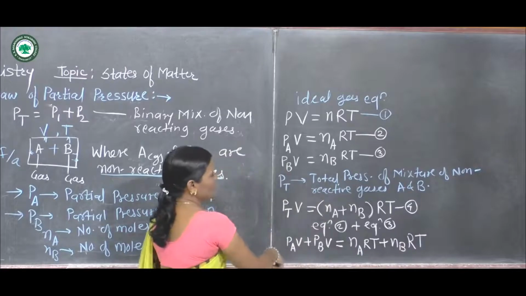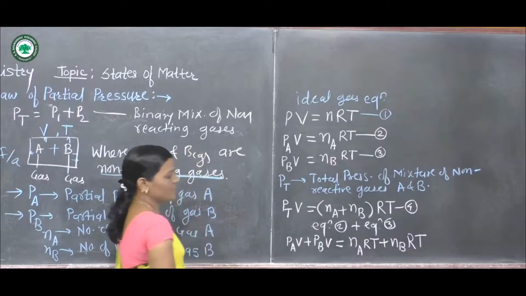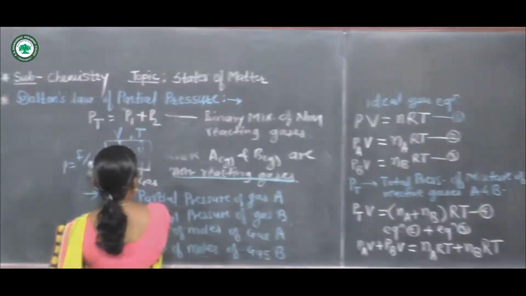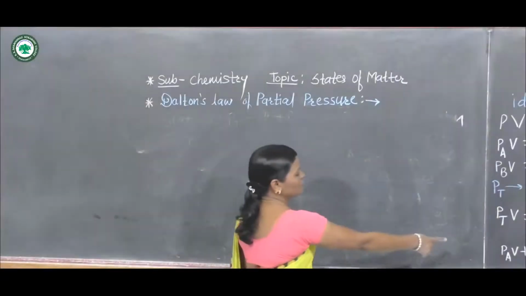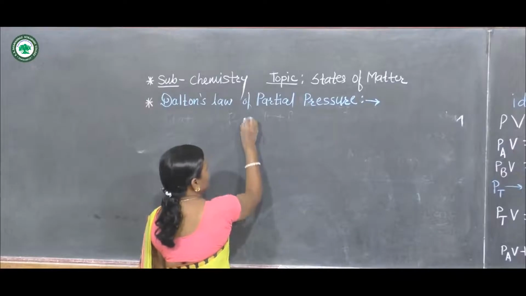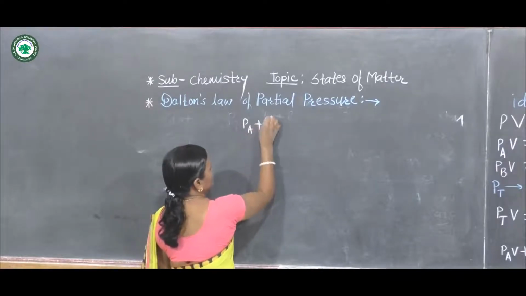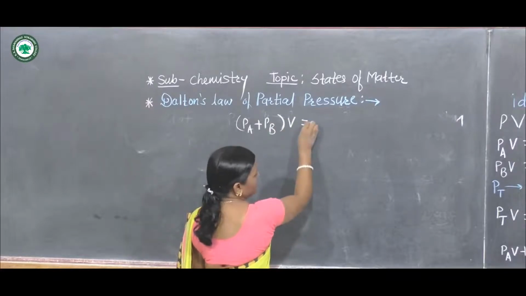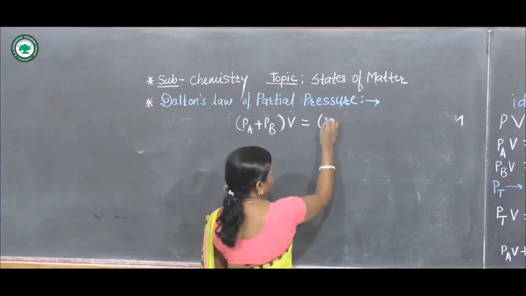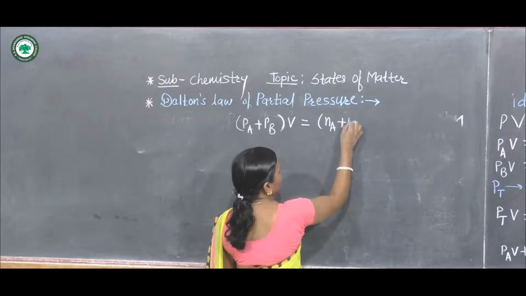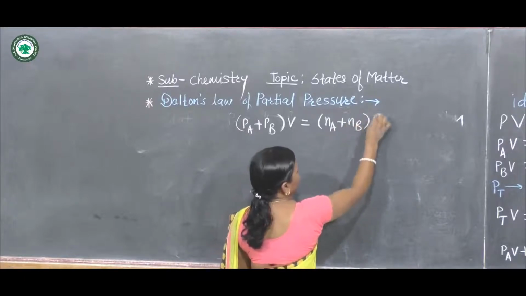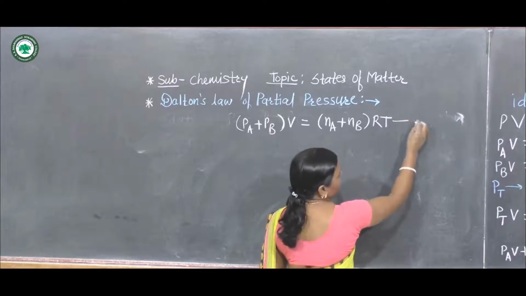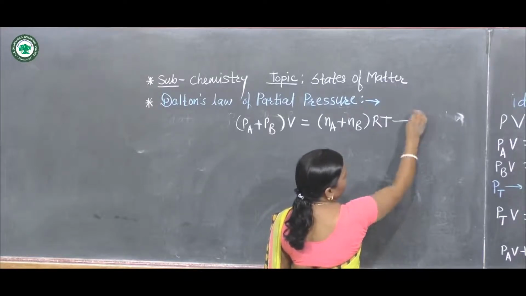Now we take the common factors outside the bracket. Here volume is common, so PA plus PB into V is equal to Na plus Nb into RT. Suppose this is equation number 5.